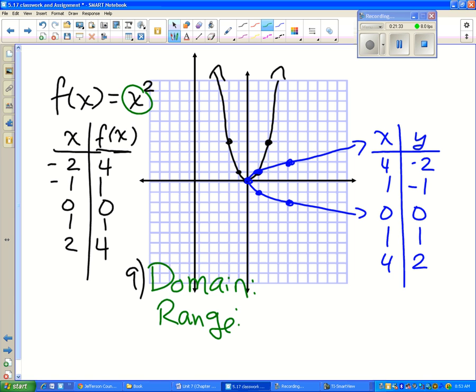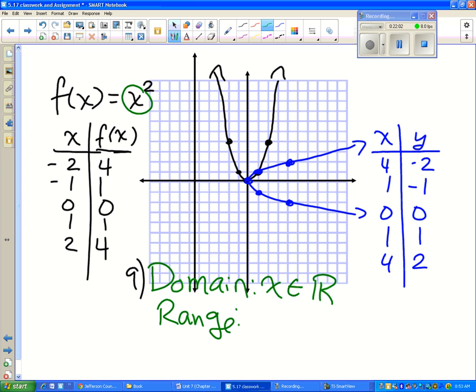Are there any x's I cannot plug into that x? No, I can plug in any number I want. So my domain is x is an element of all real numbers. I can pick any number I want to be my x, and it's going to work just fine.